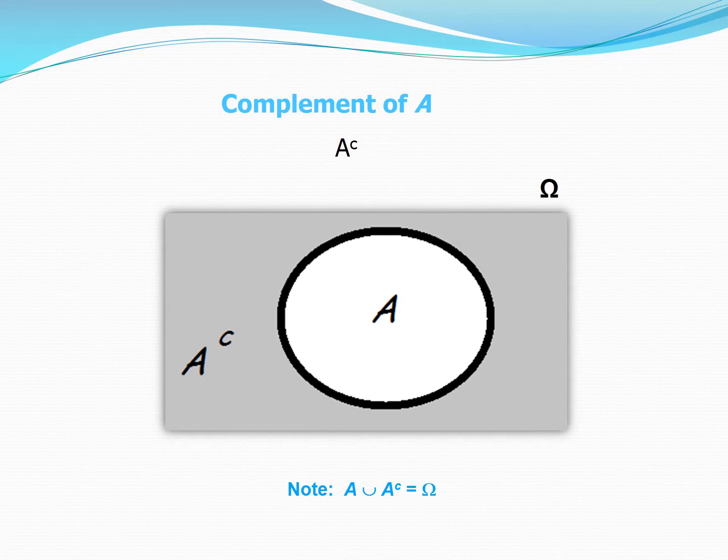For instance, let's say my universal set contains all the alphabet letters and set A consists of only vowels. Then all the other letters except my 5 vowels will be A's complement. And just take note then that the union of A and A's complement will form the whole universal set.